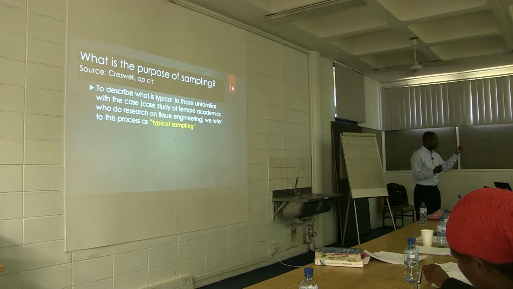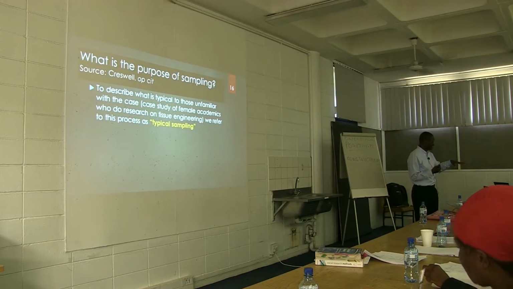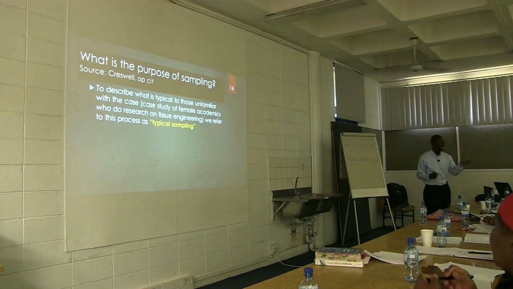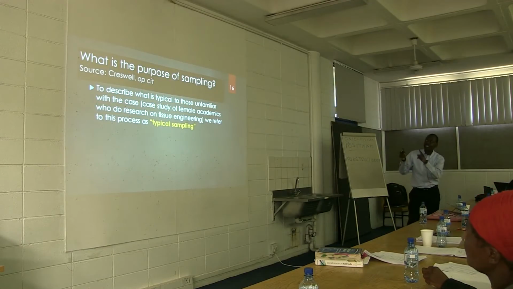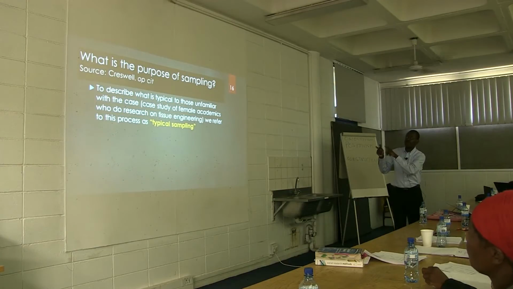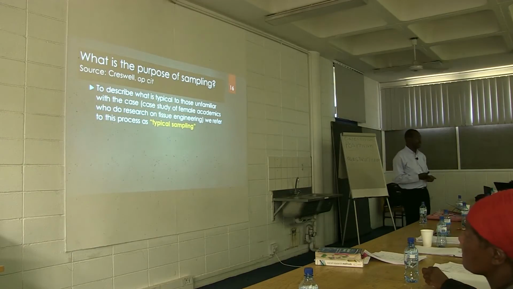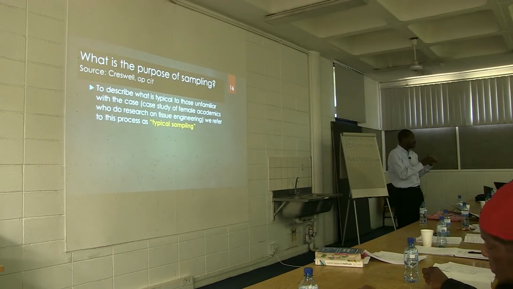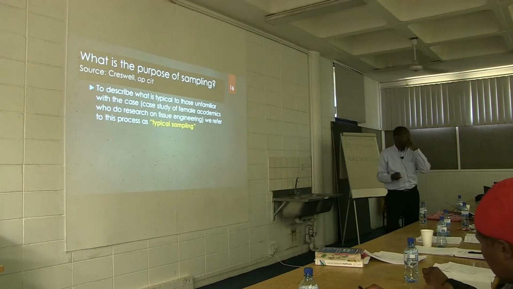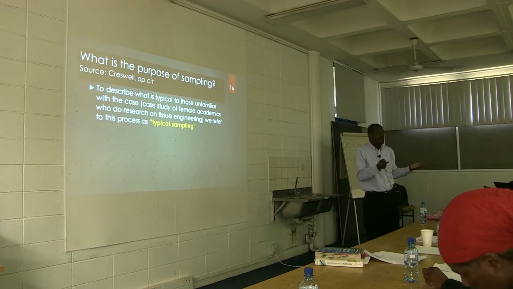You are not yet there. You're fine. You're lucky. So it's to describe what is typical to those unfamiliar with the case. We want to describe the study of female academics that are involved in tissue engineering to those of you that are not familiar with it. So it becomes typical sampling.